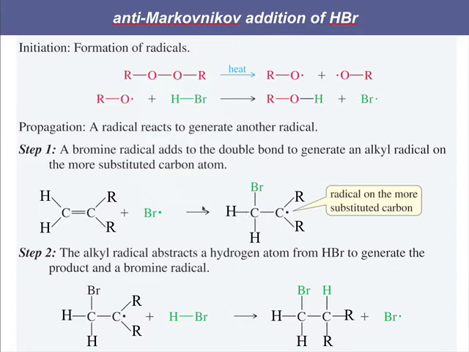So we are going to choose which carbon gets the radical based on whichever one is more substituted. Notice that the carbon on the left has two hydrogens. The carbon on the right has two R groups, two carbons. So if we put the bromine on the left, we get a tertiary radical. If we put the bromine on the right, we would get a primary radical. Since a tertiary radical is more stable than a primary radical, we're going to go that direction.